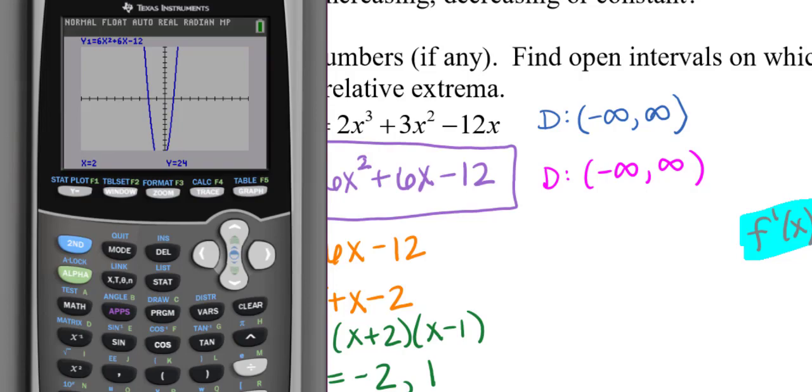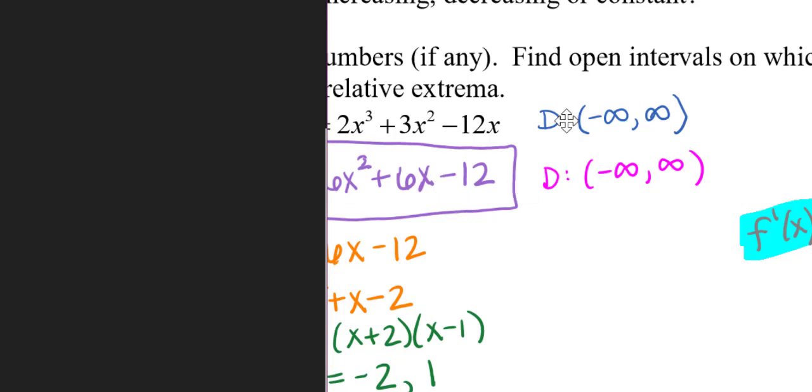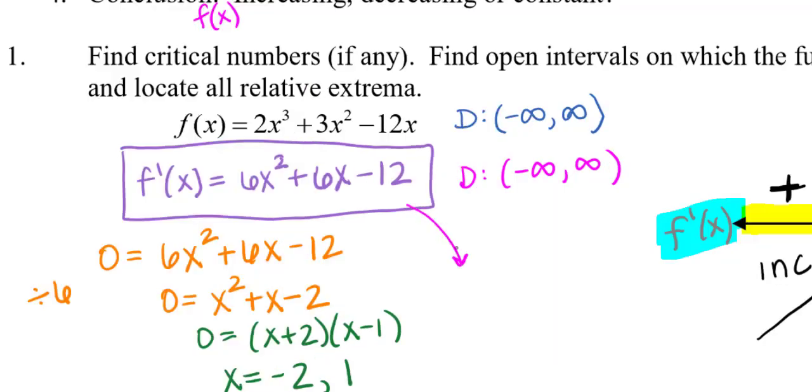If I did this computation by hand, I would be taking my f prime and asking what is f prime, for example, in that yellow section on that number line, maybe -3. I would be evaluating f prime of -3. That'd be 9 times 6, which is 54, plus 6 times -3, which is -18, minus 12, and I could see that that's positive.